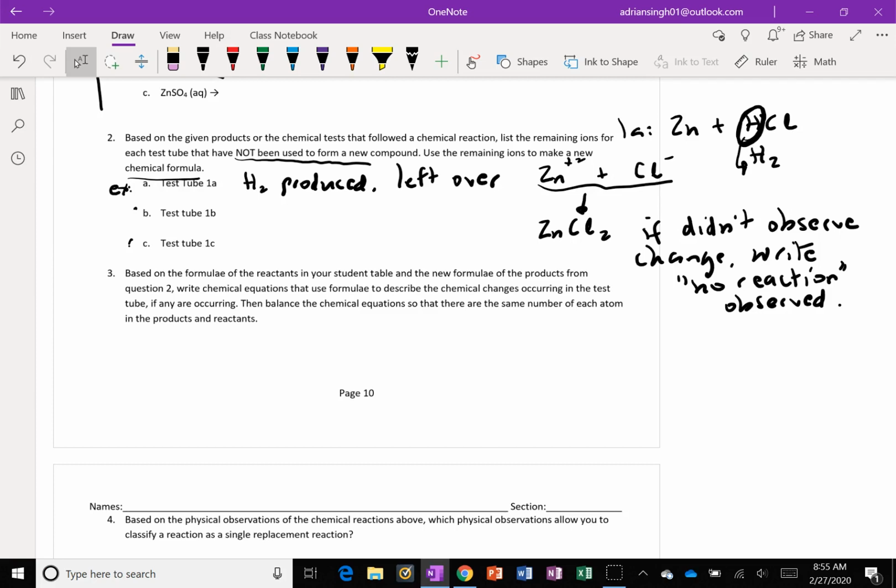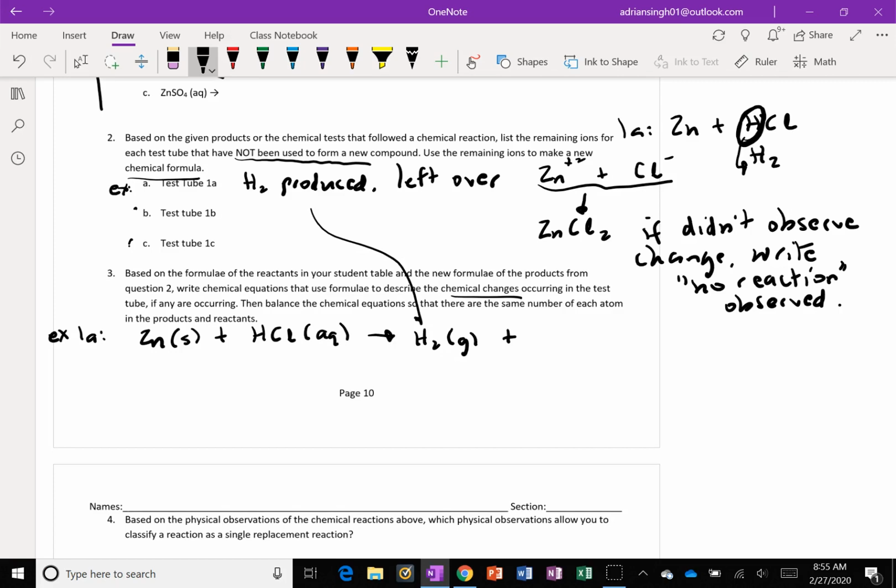And then what we're going to do is put everything together now to write our chemical reaction that actually happened. So in 1A, for instance, we started with zinc metal, which was a solid, with HCl, which is aqueous, and now we determined that we had H2 based on the test, and then we also saw based on our combination here that we made zinc chloride, which is aqueous.